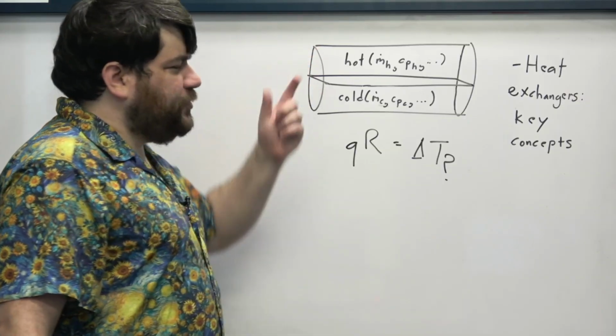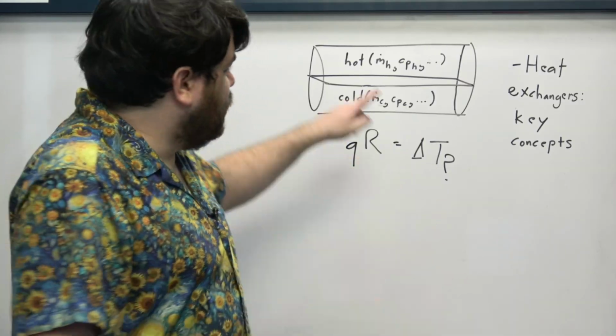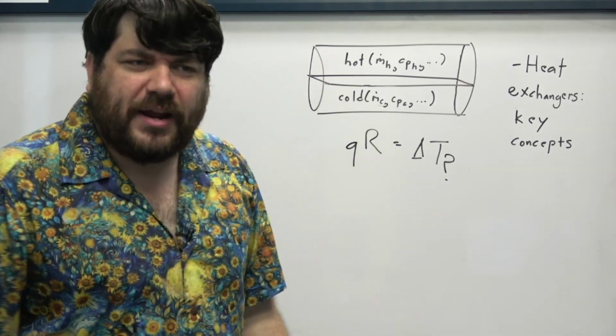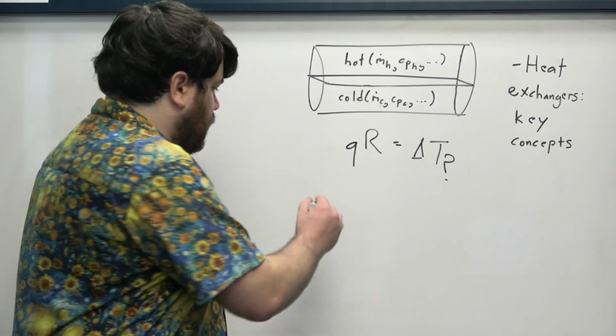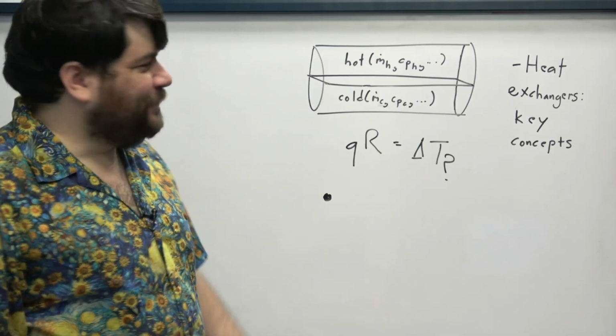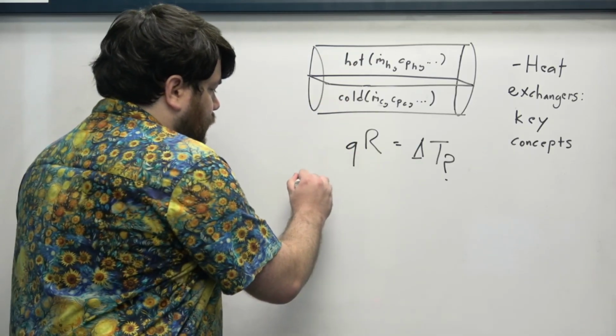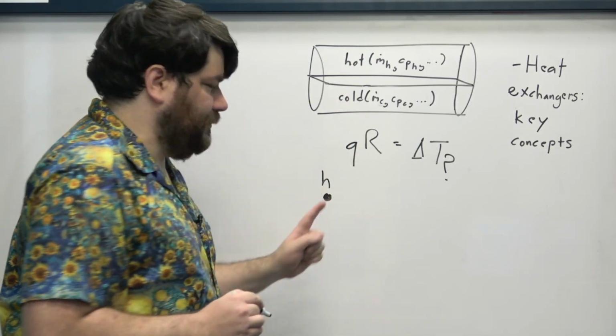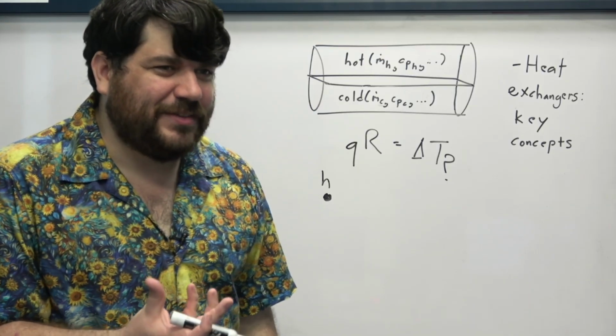So what if I tried to create a thermal circuit between the hot liquid and the cold liquid? What would I wind up getting? Well, let's suppose that we have a node that represents the hot liquid. So I'm just going to call it H. We don't necessarily have a specific temperature for it.